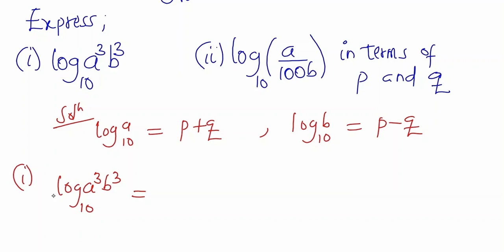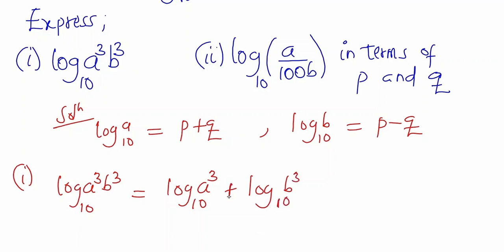Now this is a single logarithm, and we can expand it by applying the laws of logarithm, which means that we can have this as logarithm of a cube base 10 plus logarithm of b cube base 10. Now this is the meaning.